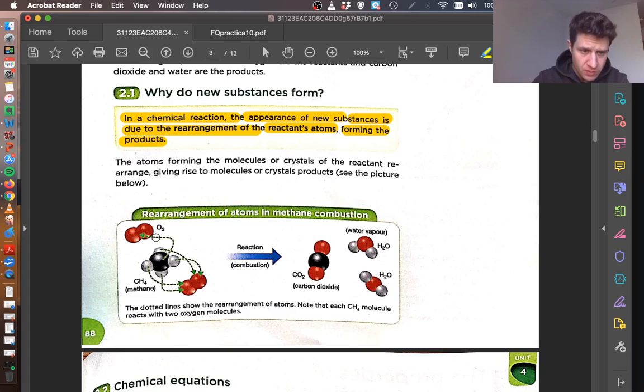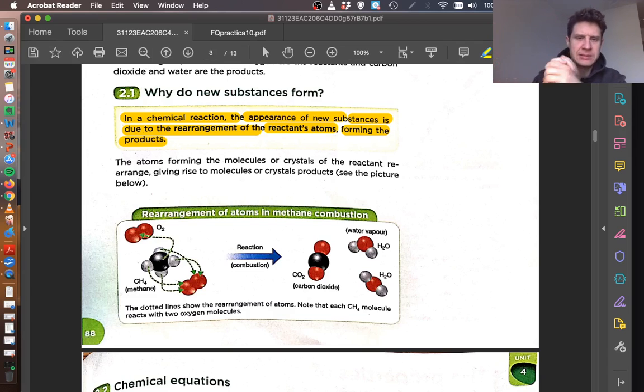Yes. So when we mix methane with two molecules of oxygen, which are the reactants, we rearrange these molecules and then we obtain some products.